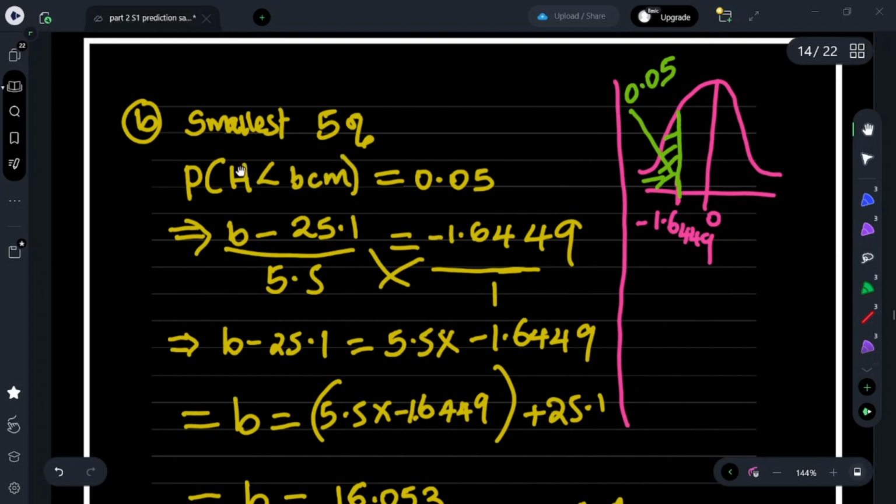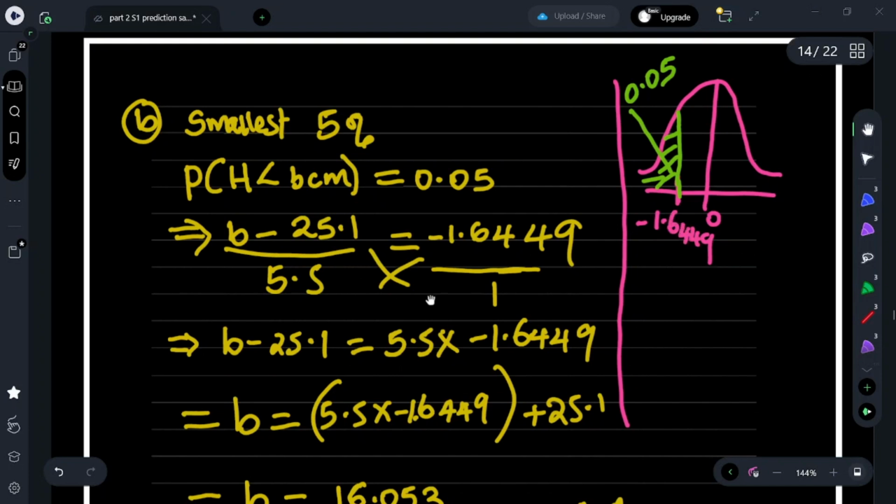The probability that H is less than B centimeters, where B is just an unknown we have chosen to use, gives the expression for the Z value: B minus 25.1 divided by 5.5 should equal negative 1.6449.